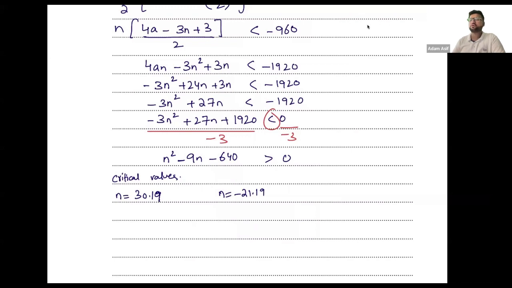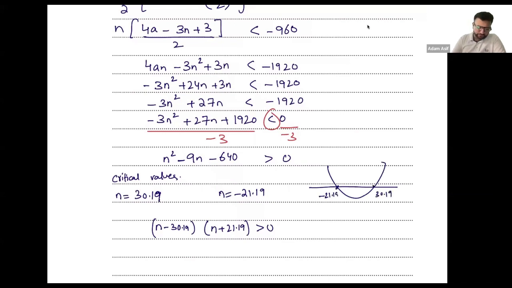Okay, now n cannot be negative because it represents the number of terms. If you look at the quadratic inequality, if I write it down, this is going to be n minus 30.19 times n plus 21.19 greater than 0. Now, minus 21.19 and 30.19.